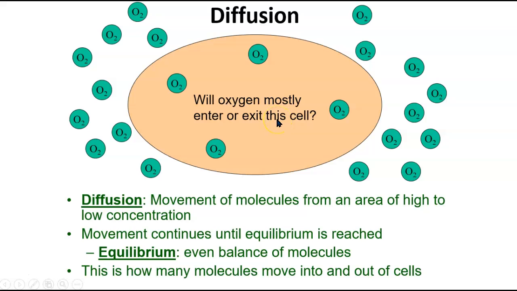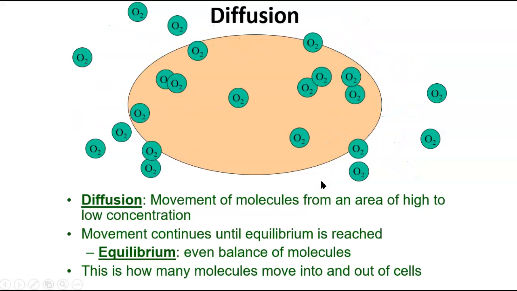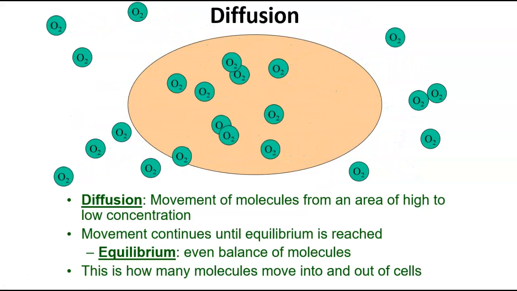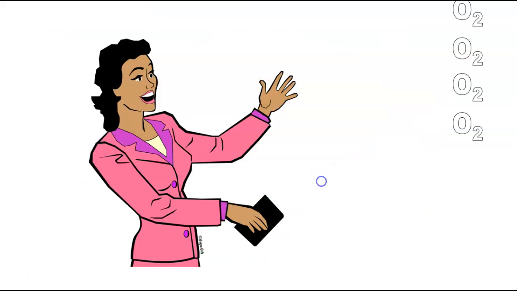Because everything wants to reach a state of equilibrium, a state of balance, the oxygen wants to do that, so to speak, keeping in mind oxygen can't actually think or have feelings, but it naturally is going to balance itself out. And so we have the molecules, for the most part, moving into the cell so that there's a much closer to equal number of oxygen molecules inside the cell as outside the cell.